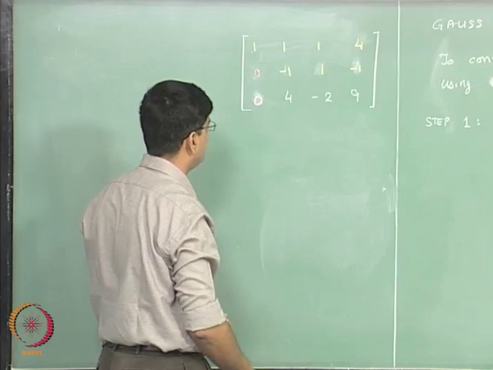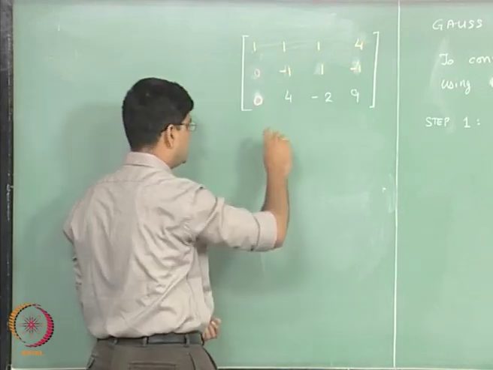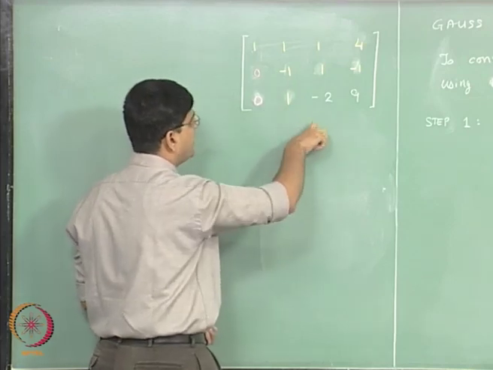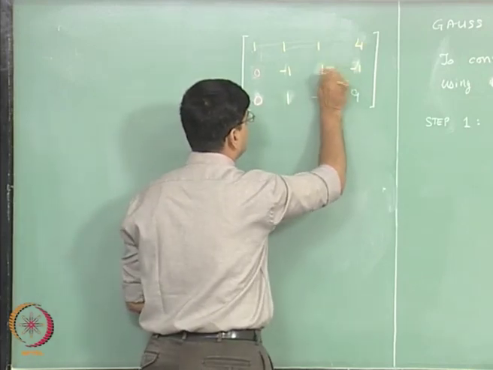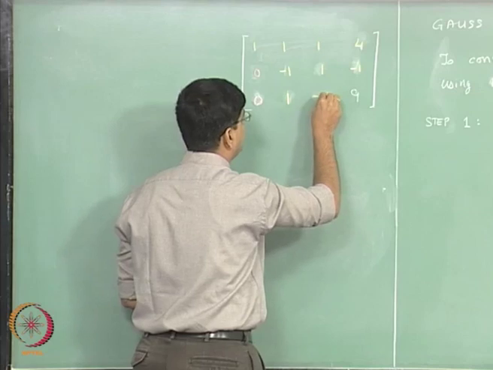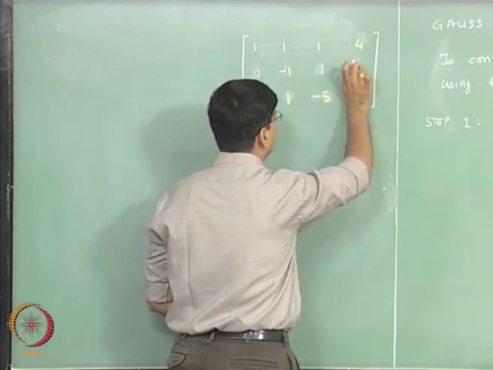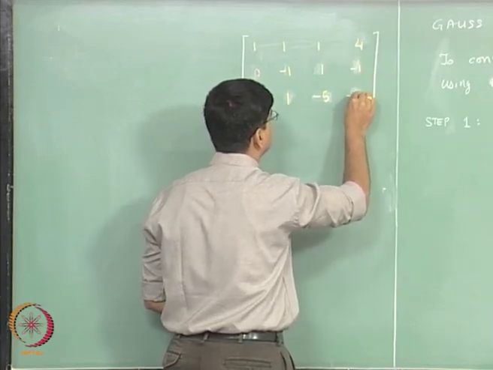So this is what we will get over here. 4 minus 3 gives 1, minus 2 minus 3 gives minus 5, and 9 minus 12 gives minus 3.